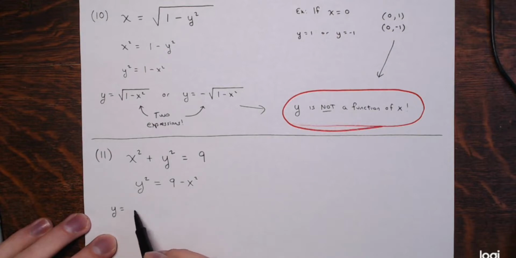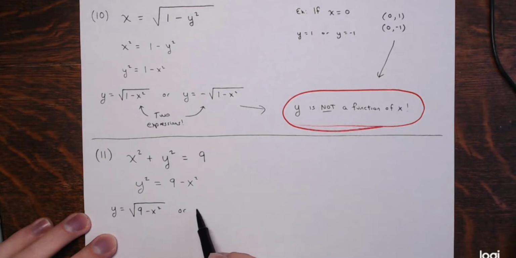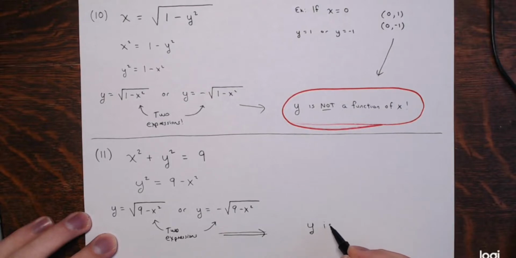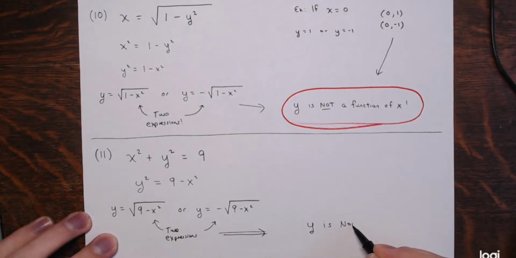So y could either be the principal square root of 9 minus x squared or the negative square root of 9 minus x squared. But either way, there are two expressions involving x. There's more than one expression involving x that y could be equal to. So that leads me right away to saying that y here is not a function of x.